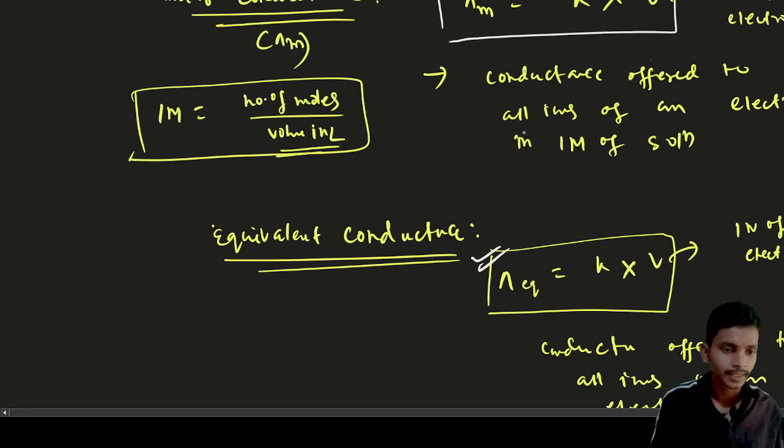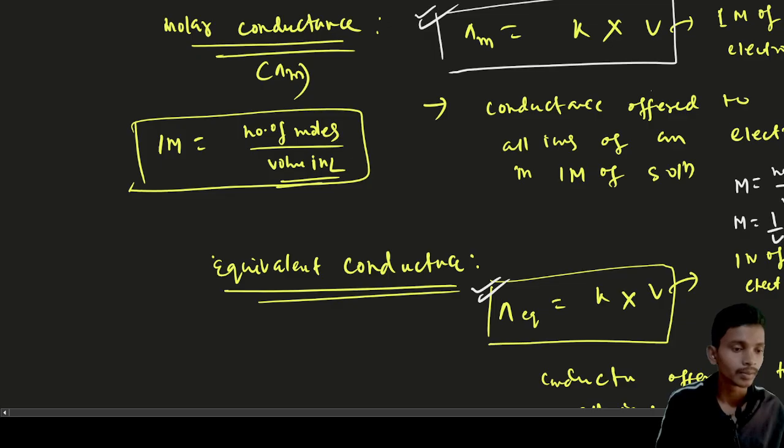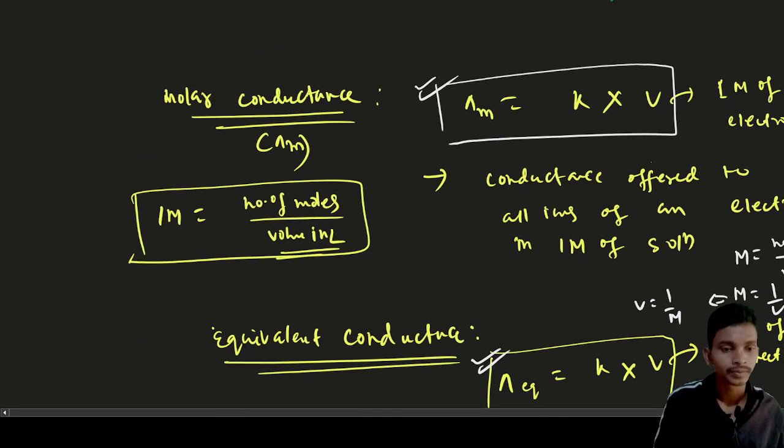So from here, if I say that M equals number of moles by volume in liter, and the number of moles we take as 1, so 1 molar means we consider the number of moles equal to 1, then M equals 1 upon V. Then I can say that V equals 1 by M.